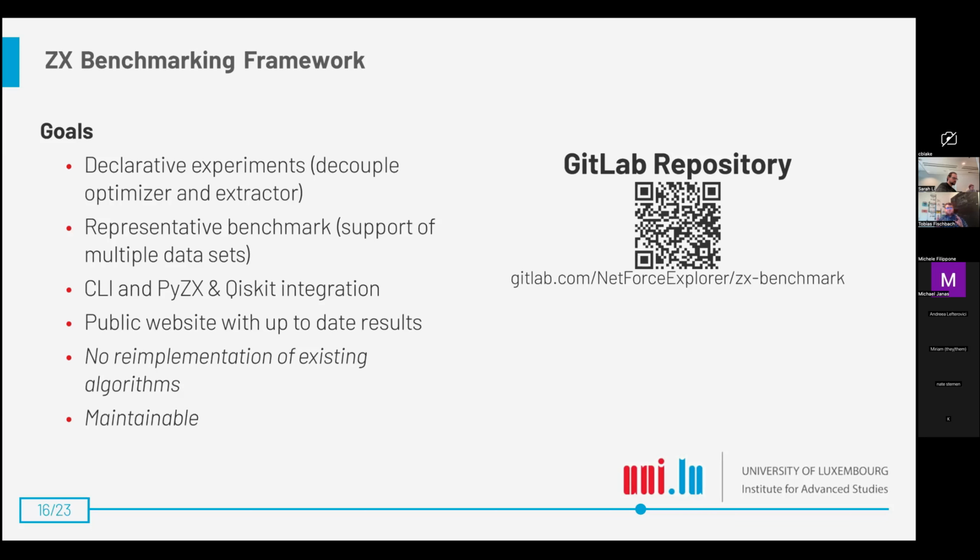But most importantly, I wanted to share in the long run the results so that the community has an overview of the different methods and doesn't need to run the benchmark for every algorithm they want to check out themselves, but can just look at standard data sets, run their optimizers and compare to them.